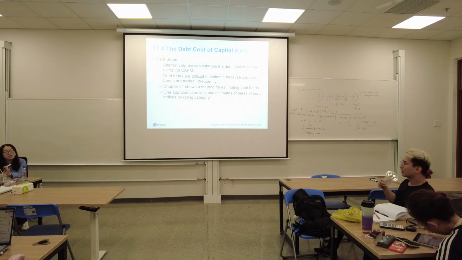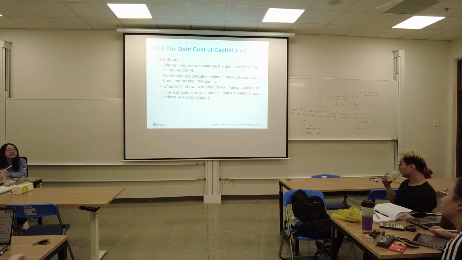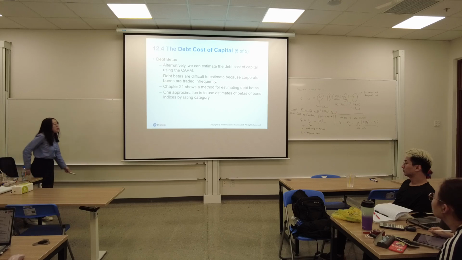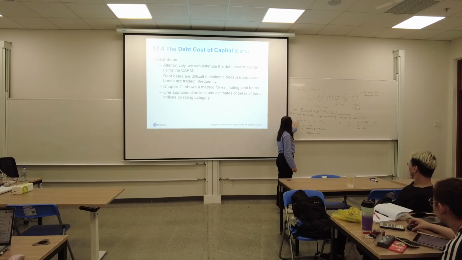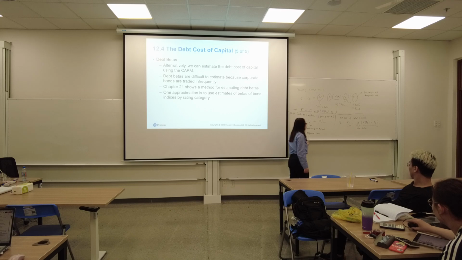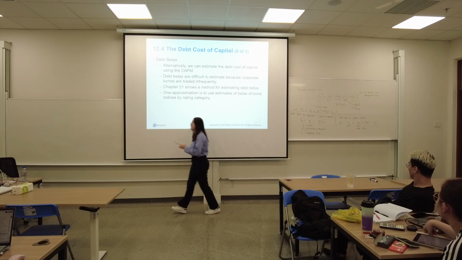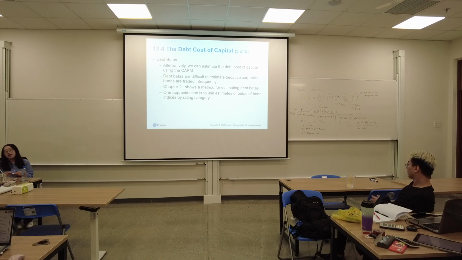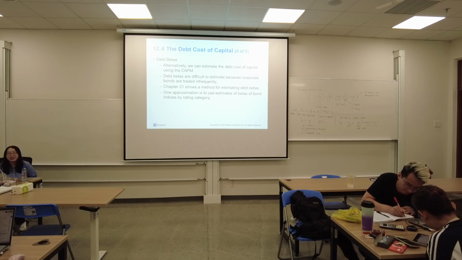Now, why is it not really popular in practice? Because investment bankers, research analysts and sell-side analysts normally use the bond rating. So we calculate the debt cost of capital using the probability of default and expected loss, rather than the CAPM, because debt betas are not common in practice. Debt betas are very difficult to estimate because corporate bonds are traded infrequently.